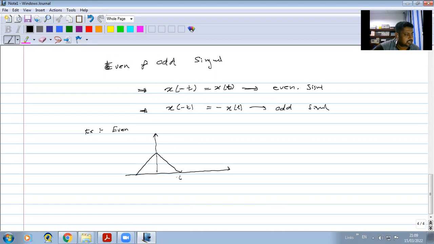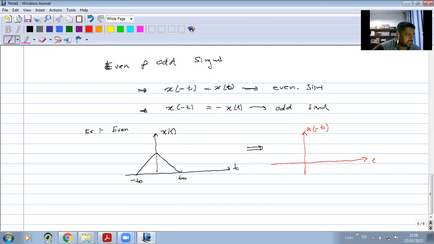Let's say this is t naught and this is minus t naught. This is x(t). Please get the time reverse signal for this. I'm now drawing the time reverse signal, and I use another color. You should be able to draw this.